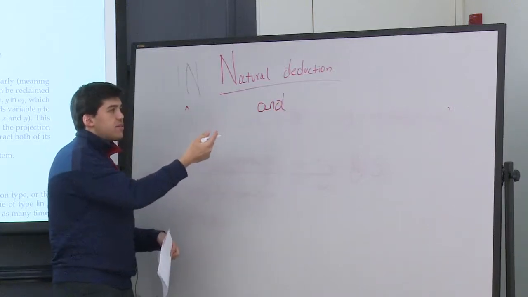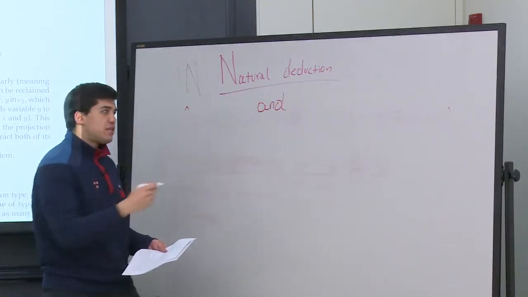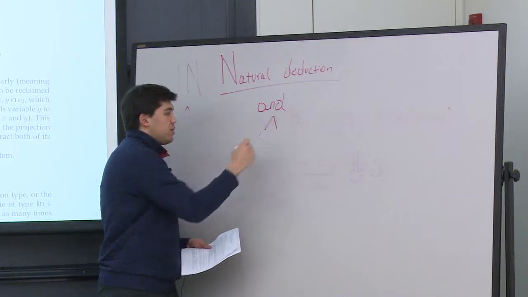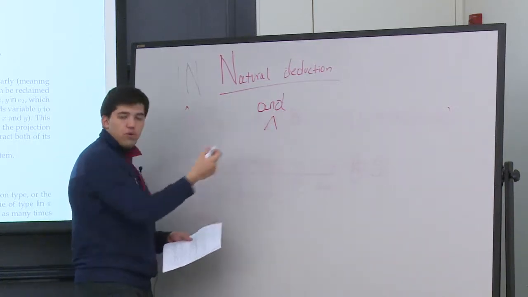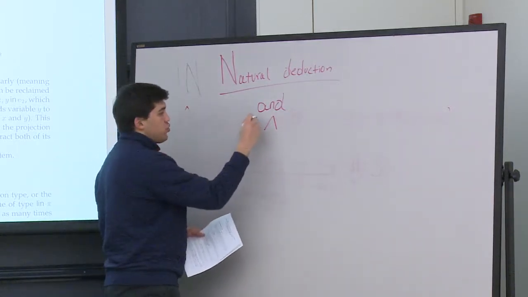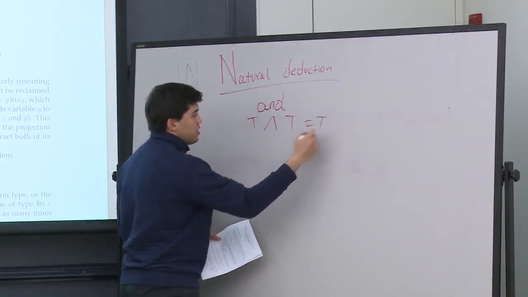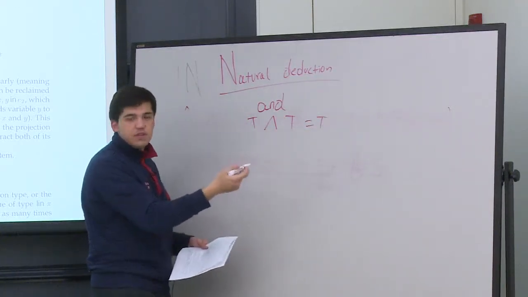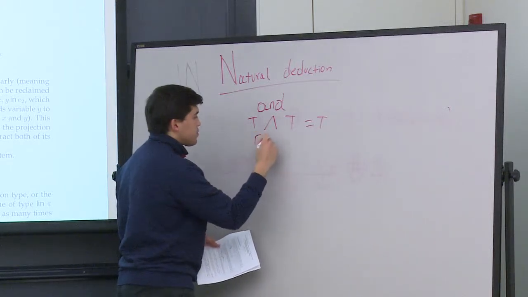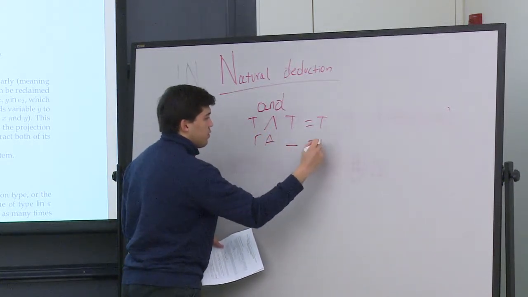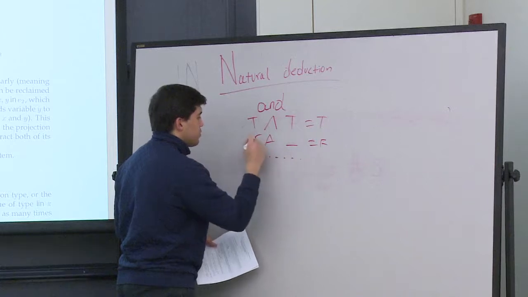What does and stand for usually? It stands for the wedge, right? And this is usually a truth operator. So let's say you have true and true. What does that equate to? True. Well, if one of these is false, that is false, right? Yeah, false.